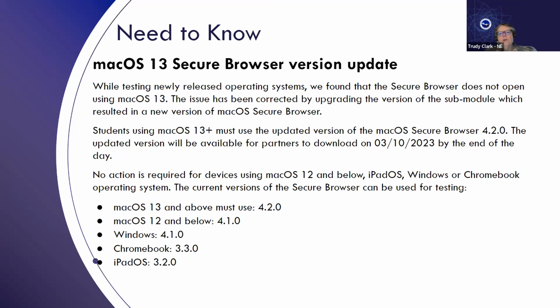There was a download as of March 10th available for partners. No action is required for devices using Mac OS 12 and below, iPad, Windows, or Chromebook operating system. So the current versions of the secure browser that can be used for testing are listed here. So hopefully you received that information and you were able to act on it.